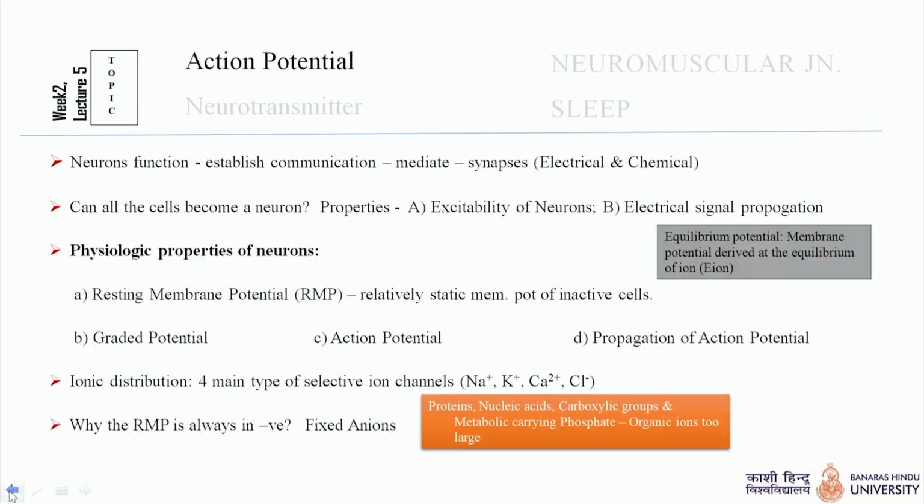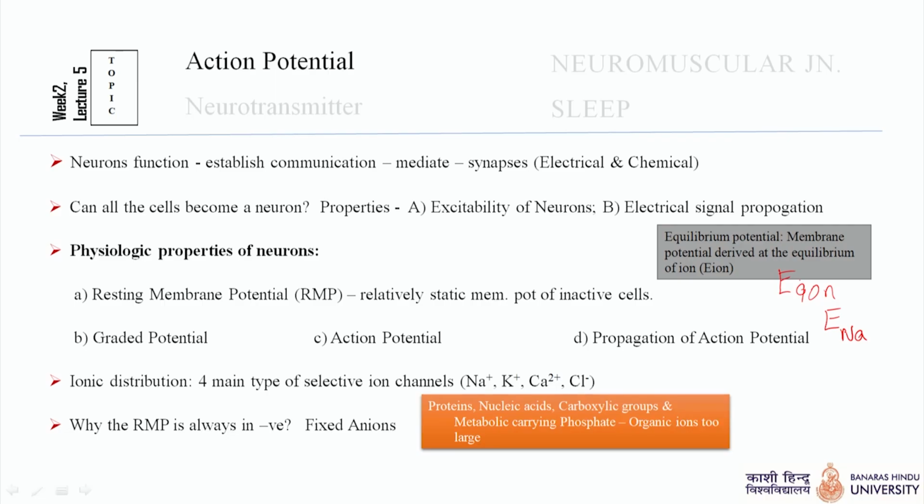Next will be the equilibrium potential. The equilibrium potential is expressed as E ion. For example, if it is sodium ion, it will be written as ENa. So equilibrium potential means the membrane potential derived at the equilibrium of an ion.